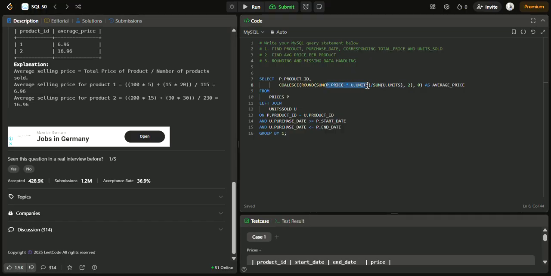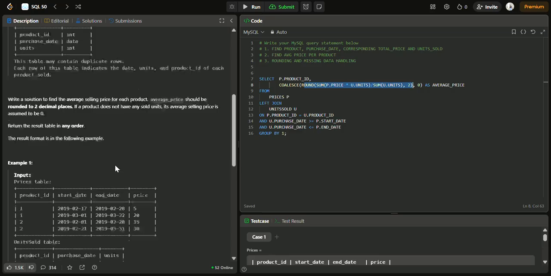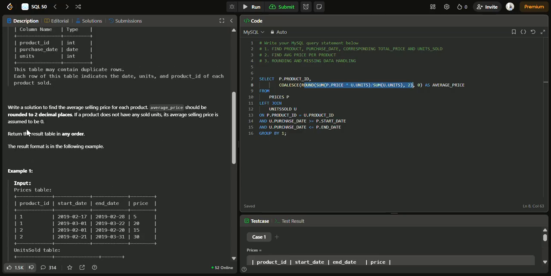First, we are finding the price into total number of units divided by total number of units. Then we are also rounding it off to two decimal points, and we are doing coalesce with zero, which is for the cases where there was no unit sold. In such cases, we want to report it as zero.